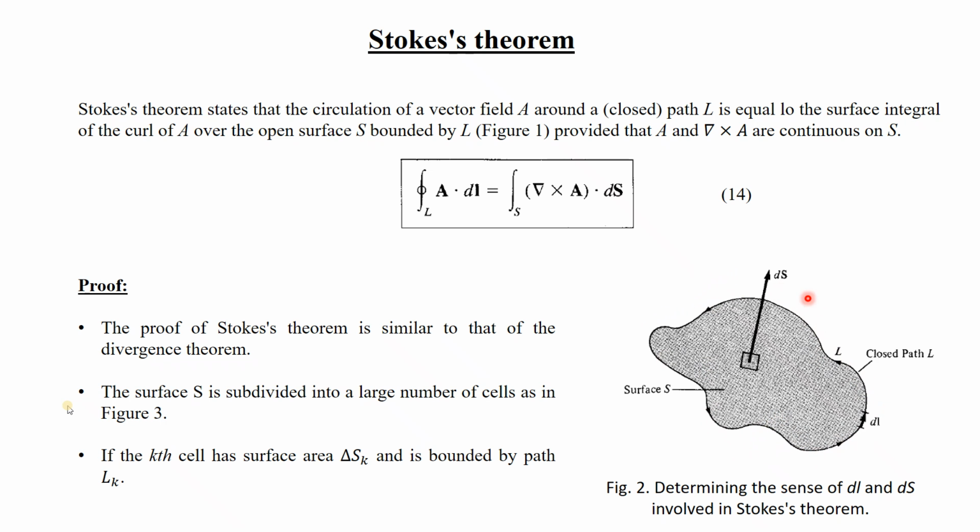Here, what we will do is take a contour of some surface, but it is not a closed surface, it is an open surface. So a closed path and an open surface.